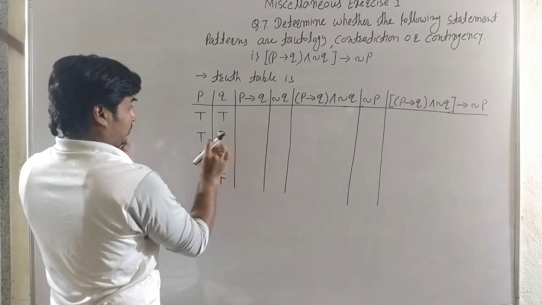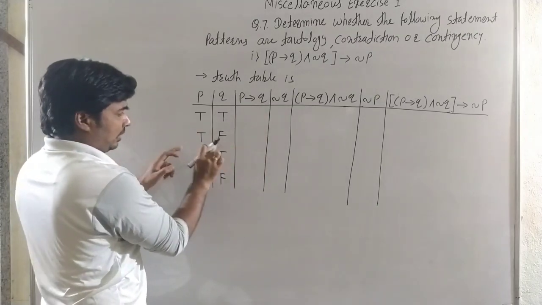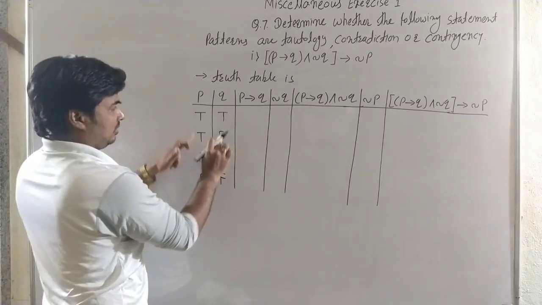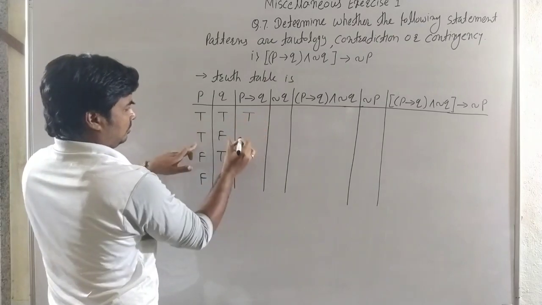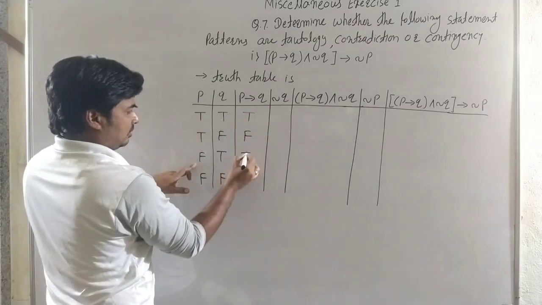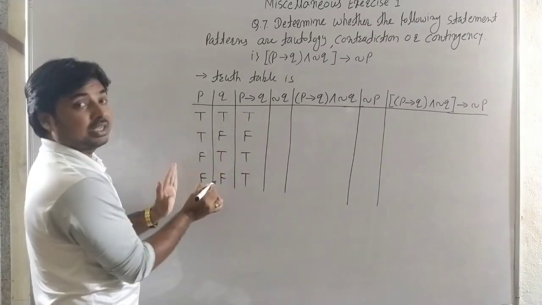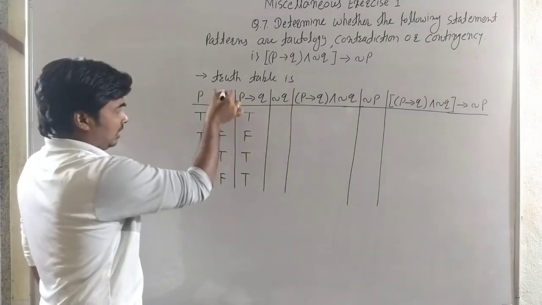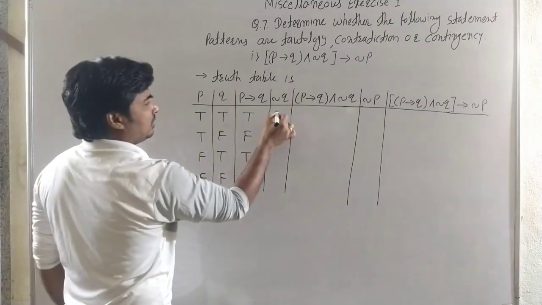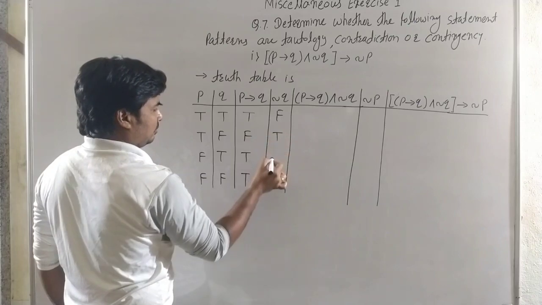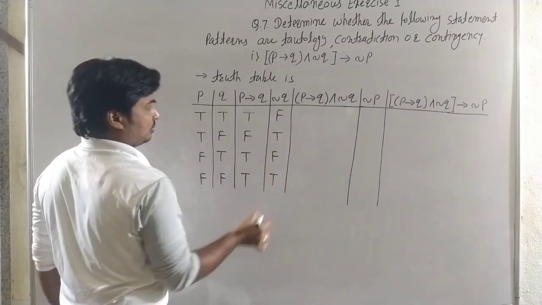First P implies Q. In implication, if the first is true and the second is false, then the result is false. Okay, so it is true, false, true and true. Now negation Q. Negation Q is false, true, false and true.